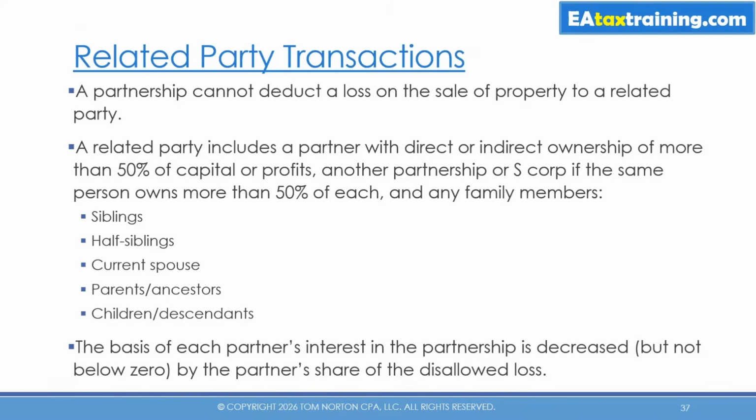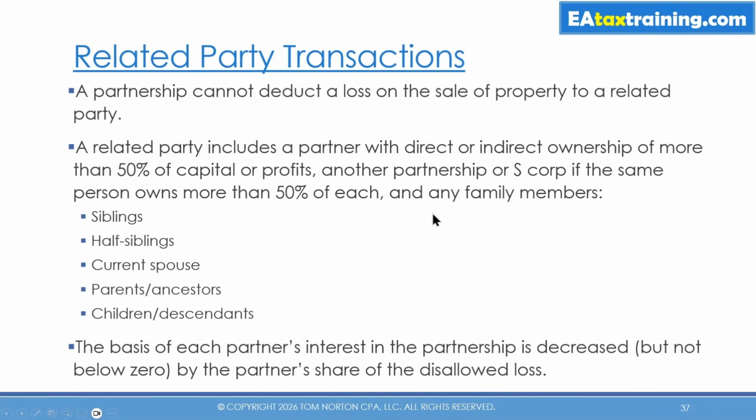Well, if your partnership sells an asset to your S Corp at a loss, can't deduct the loss. Or if your partnership sells you as a partner an asset at a loss, can't deduct the loss. Same applies for any of your family members. And when they say family members, this is what they mean: siblings, half siblings, your spouse, parents, grandparents, children, grandchildren. All of those would be considered family members and related parties.